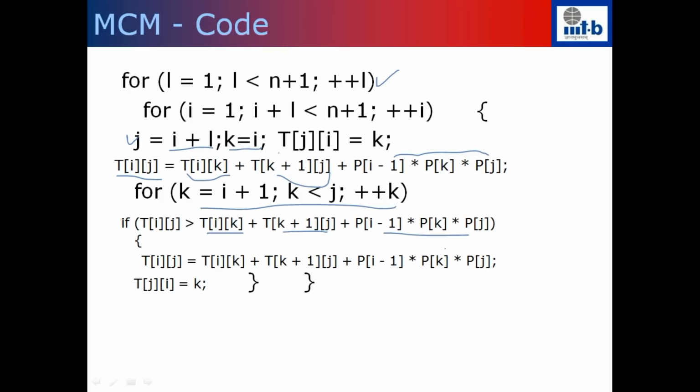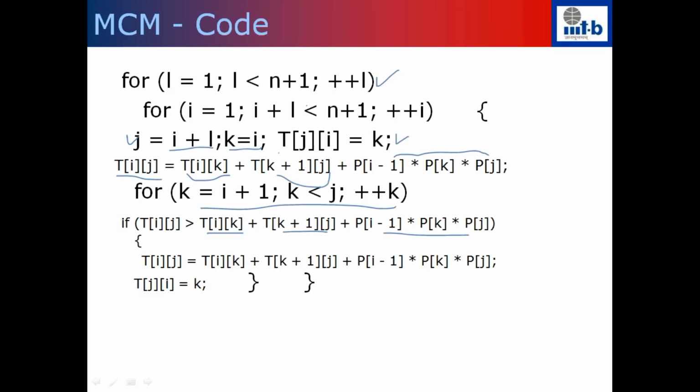We only use the upper triangular matrix to keep track of these entries, but whichever k gives me the value of t of i comma j, we want to store that in t of j comma i, which is the lower triangular matrix. This will help us with backtracking.